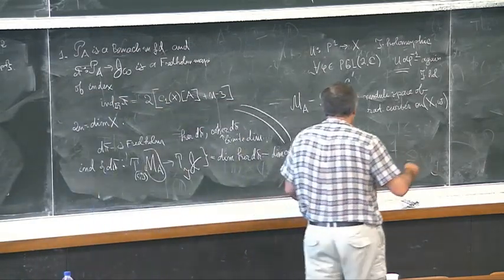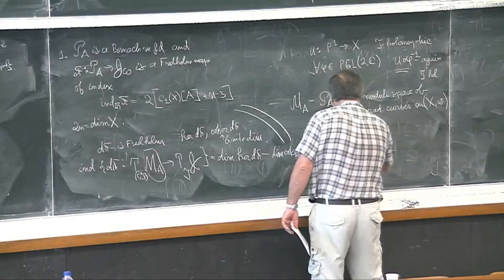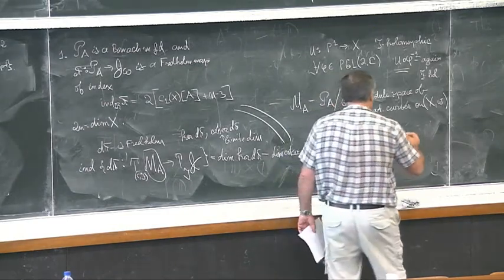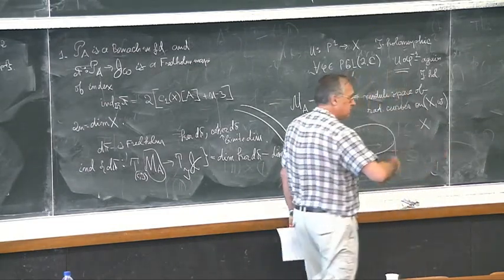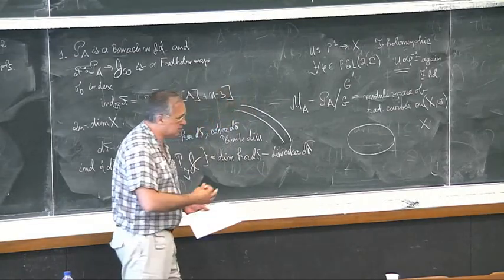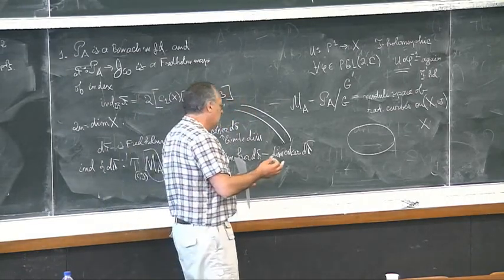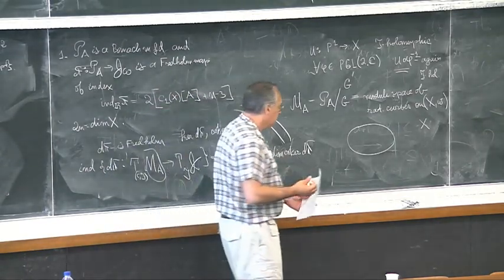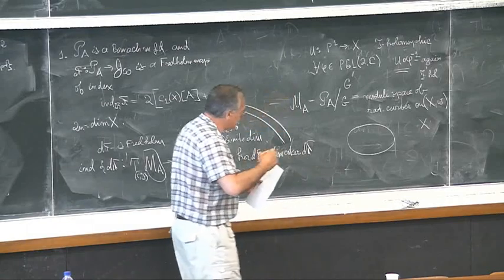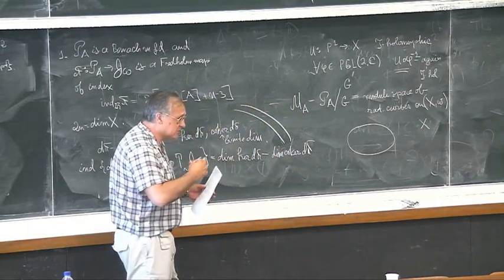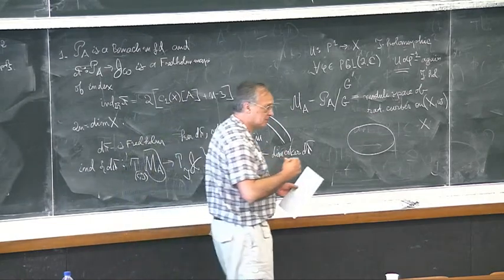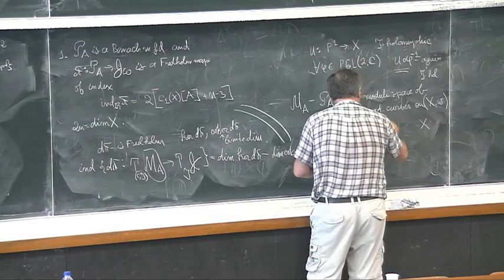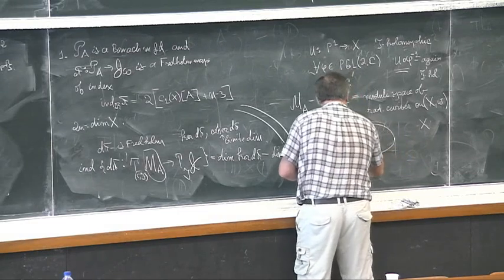Just if you have a sphere, a two-dimensional sphere, embedded into some manifold X, you have an almost complex structure on X, and this sphere is J complex. Now, how to understand the dimension of the manifold of spheres? Of course, every move of the sphere is a section of the normal bundle.